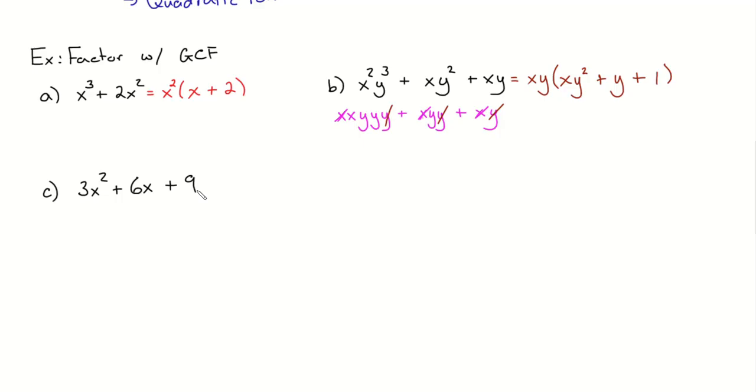I have 3 times x squared plus 2x plus 3 times x squared plus 1. Instead of 6, how do you make it?